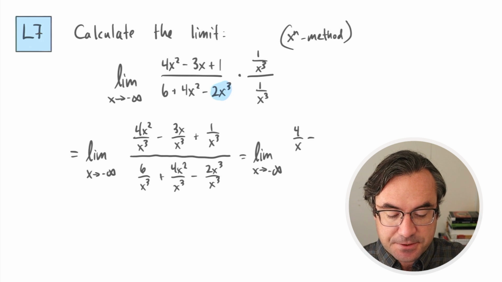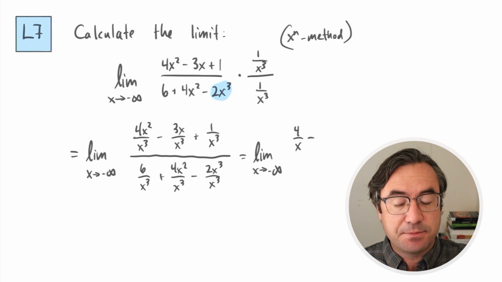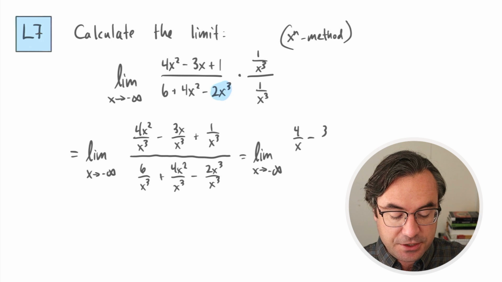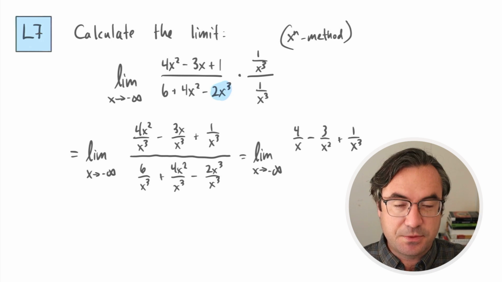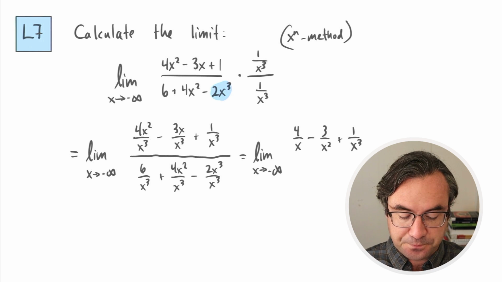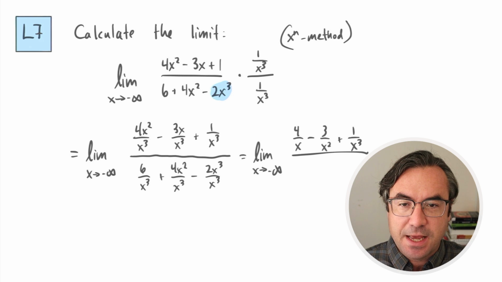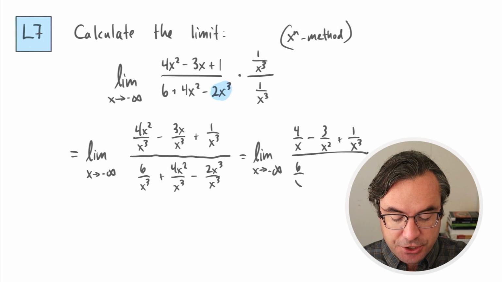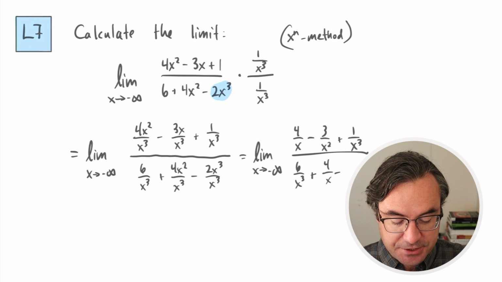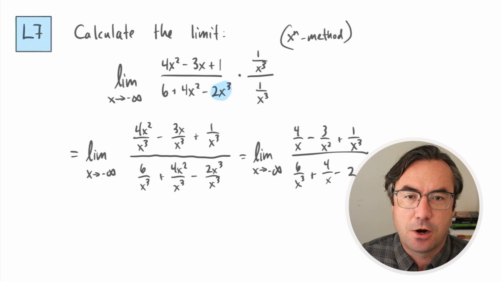Then minus. The next fraction simplifies to just 3 over x squared. And then the last fraction there stays as is. Then we're dividing. And then 6 over x cubed is fine. And then we got 4 over x. And then minus 2.